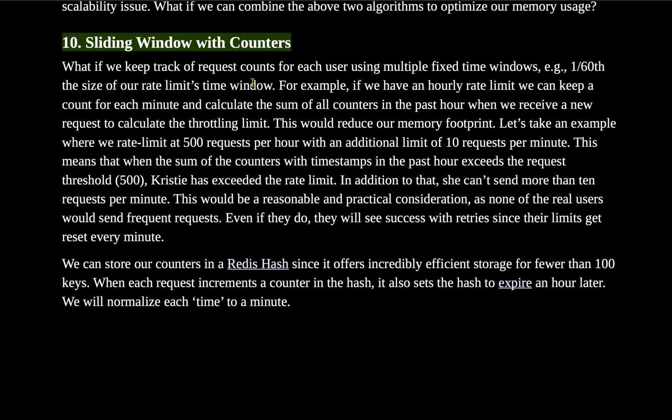If we have an hourly rate limit, we can keep a count for each minute and calculate the sum of all counters in the past hour when we receive a new request to calculate the throttling limit.